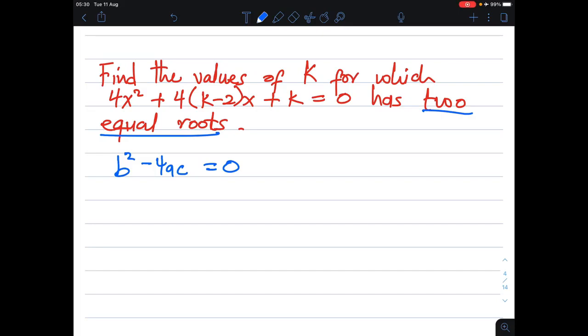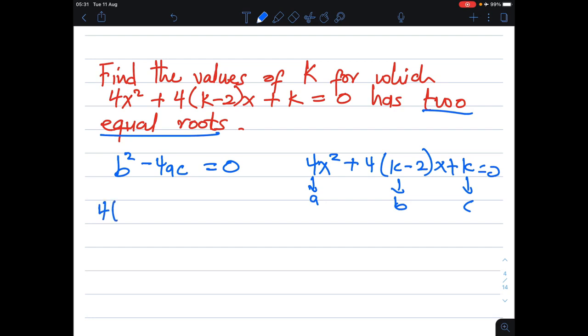Well, if that is the case, then you have 4x squared plus 4 into k minus 2x plus k equals 0. This is A, this is B, this is C. So b squared, that will be 4 into this all squared, minus 4 into A into C equals 0.